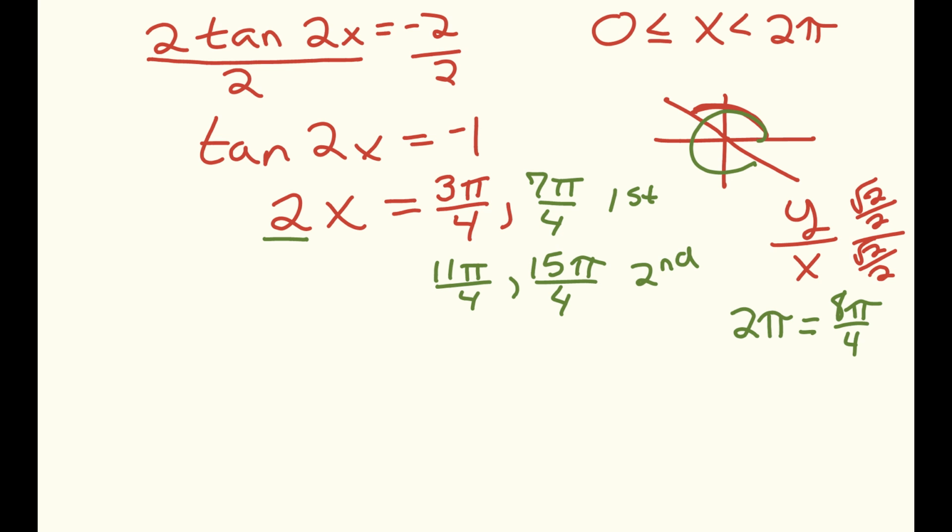So my last step here is I have to get rid of this 2 in front of the x. I'm going to divide everything by 2, which is the same as multiplying these denominators by 2. So I can be lazy if I want to and change all these denominators to 8s.